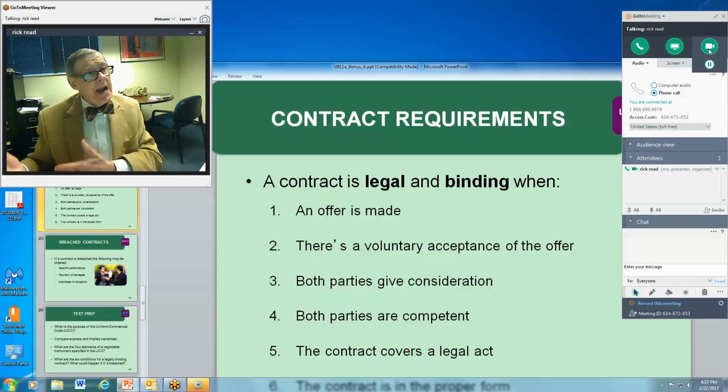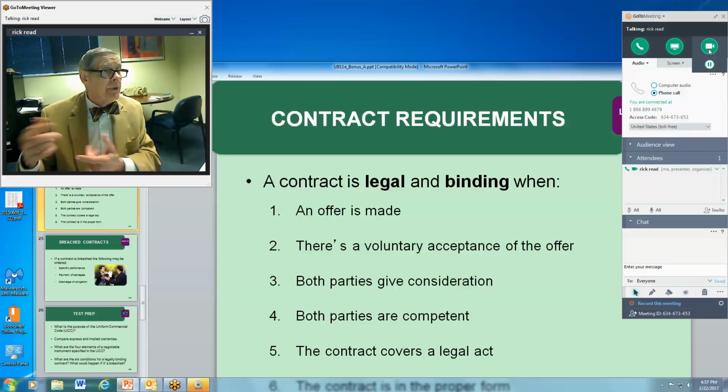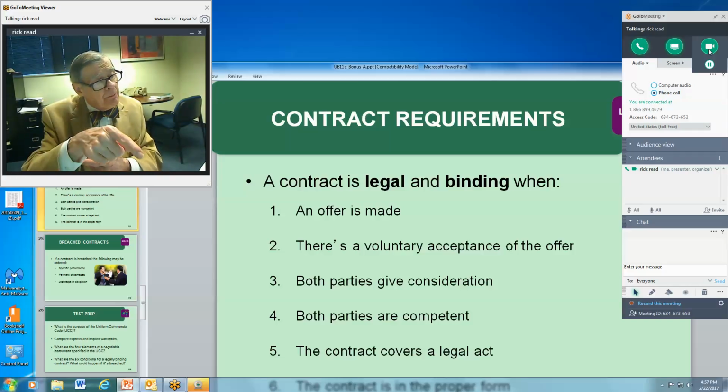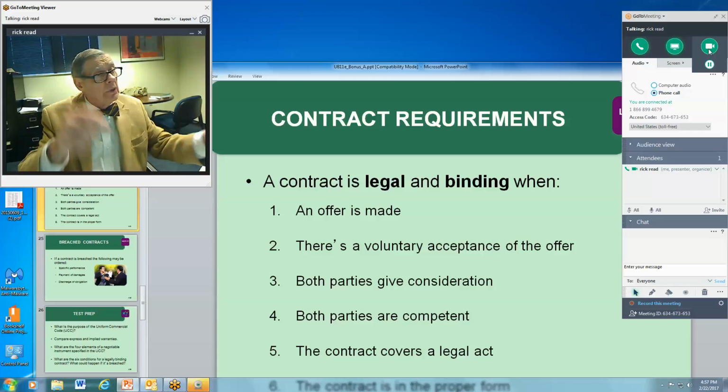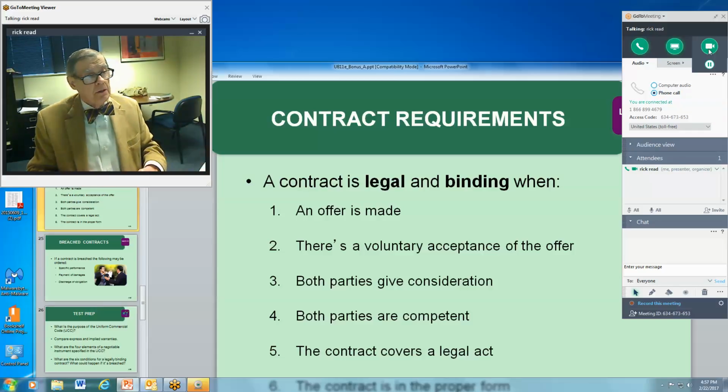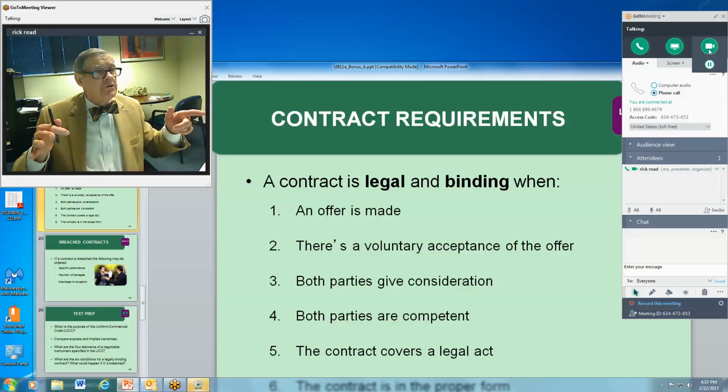The binding means not only is this contract legal, but buddy, you need to pay up or deliver when the time comes. So notice at the beginning, someone makes an offer and then someone else accepts that offer. Both parties are given consideration.